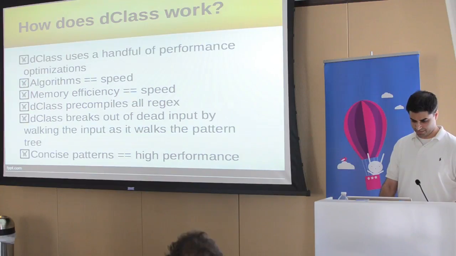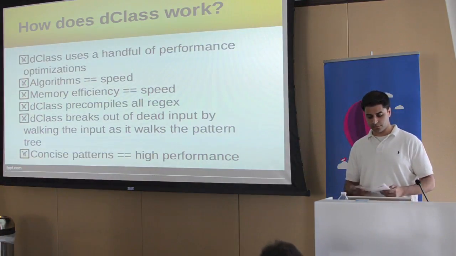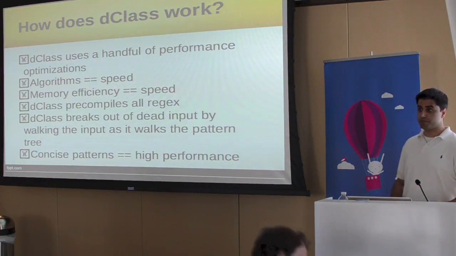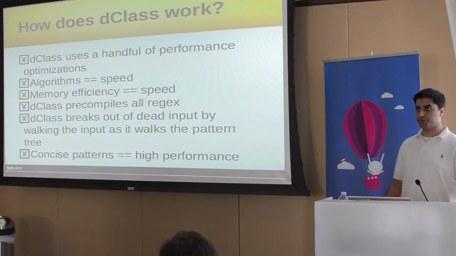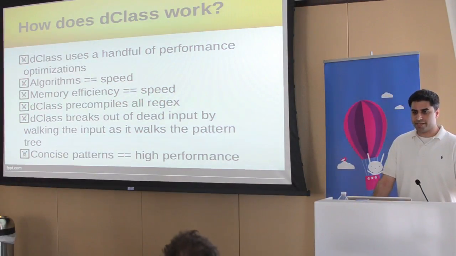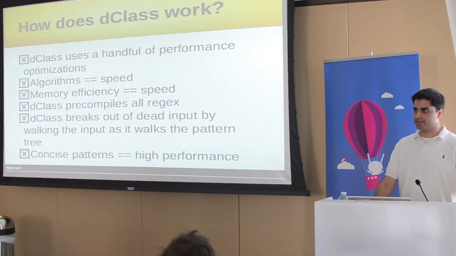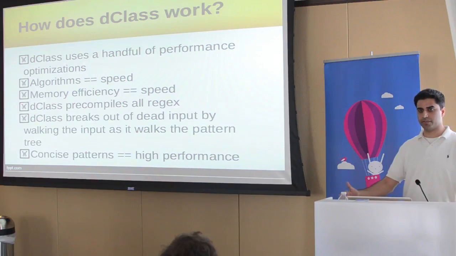Okay, so how does dClass work? I'm not going to go into too many of the details here, but it's basically a highly, highly tuned pattern index. One of the cool things it does is that every pattern has its own unique path in the data structure.